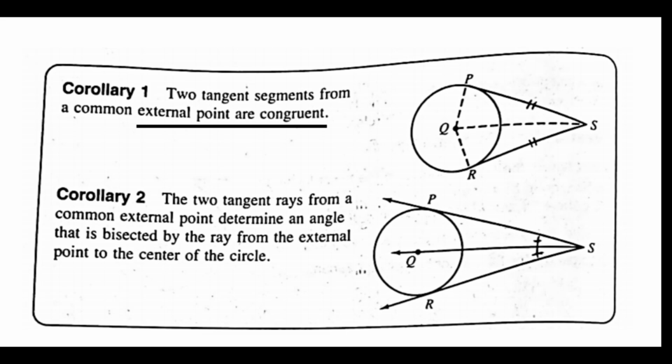Ray SP and ray SR determine an angle that is bisected by a ray, which is the ray SQ, from the external point to the center of the circle. So from that, angle PSQ and angle RSQ are congruent by corollary 2.